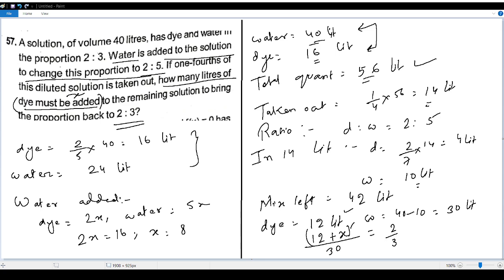So can you show the previous page? Be very careful with the calculations. Okay. You see, this calculation is nothing, just ratio calculation, but you have to be careful.